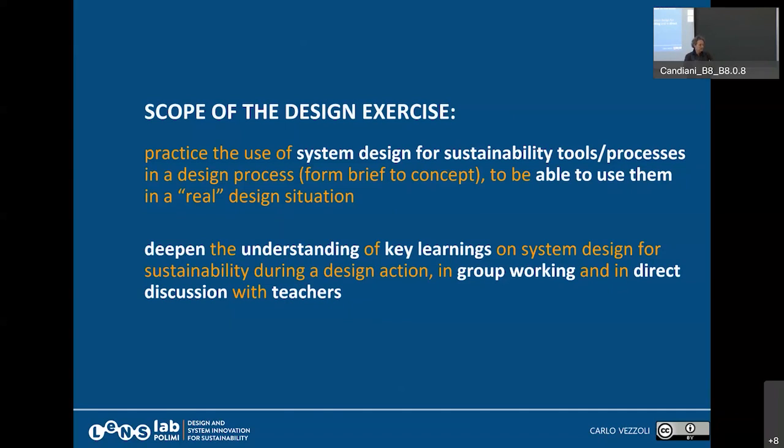So while doing this, even some key learning will be understood much better, okay? Because in group, but even because in a design process, they are not that much abstract, but are actually embedded in a real practice or in a pretended real practice.